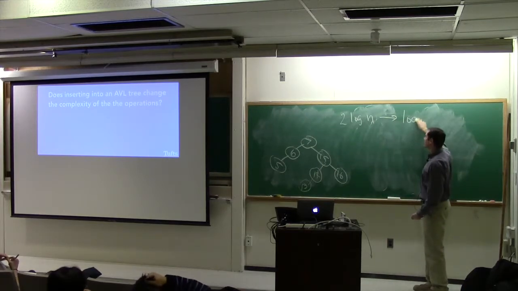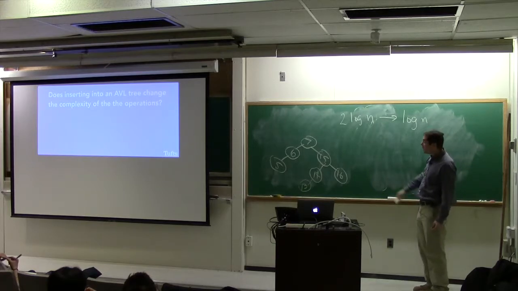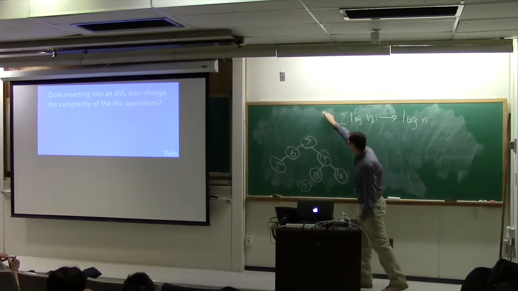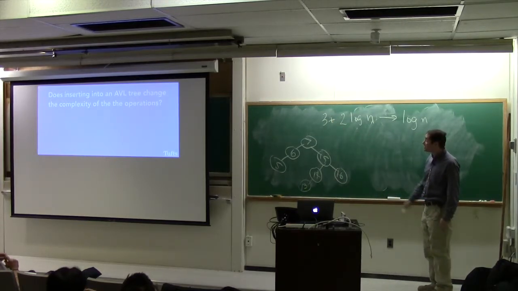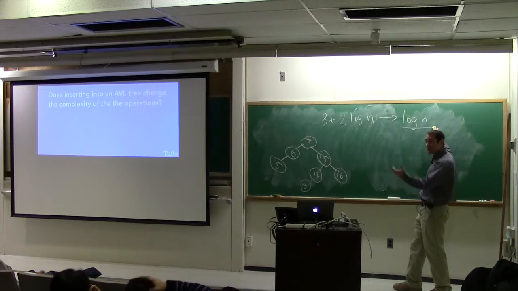Do we care about the 2? Given you're not having to balance that tree. If we had to balance that tree, let's say it adds another 3 operations to it. Isn't 3 plus 2 log n still log n? So you're doing more stuff, but in the end, it's all constant behavior.